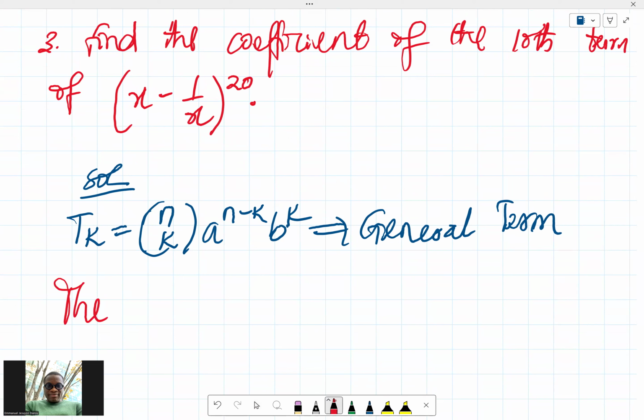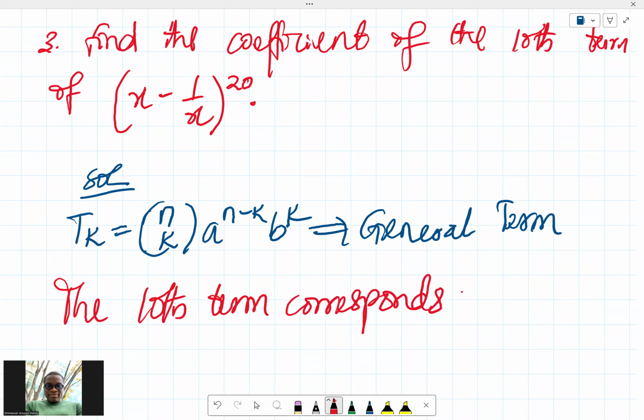So the 10th term corresponds with k equals 9.